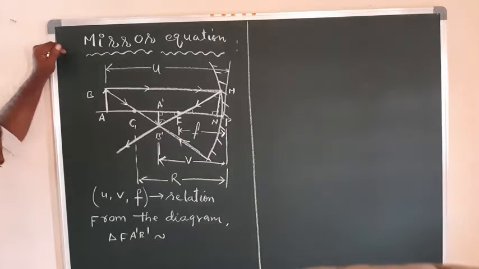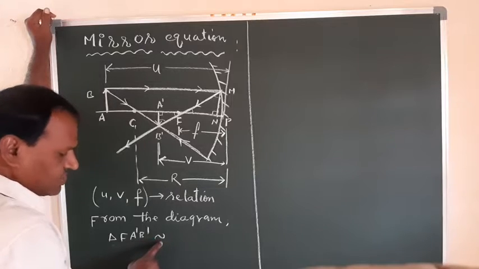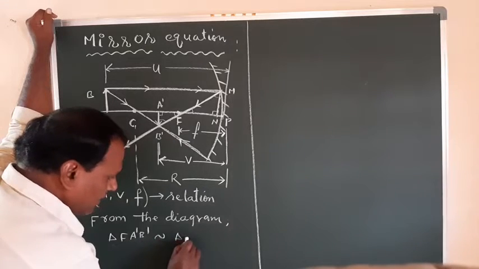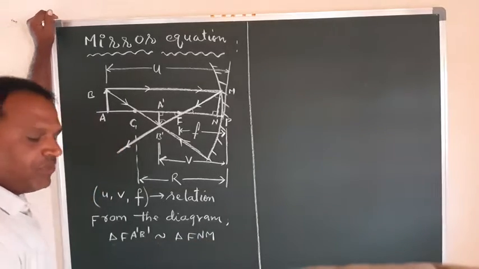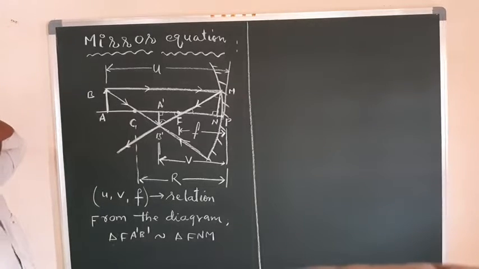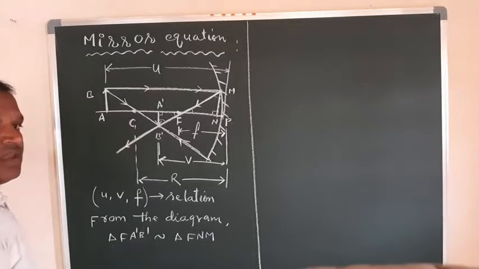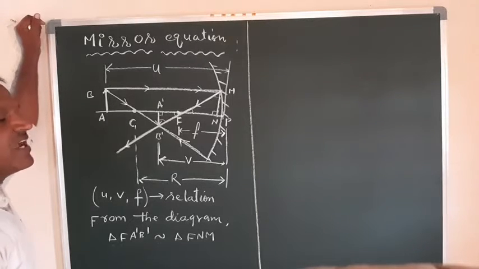This is the symbol for similar. So triangle F A dash B dash is similar to which triangle? F N M. These two triangles are similar. When they are similar, their sides are proportional. So how can you write their sides are proportional?